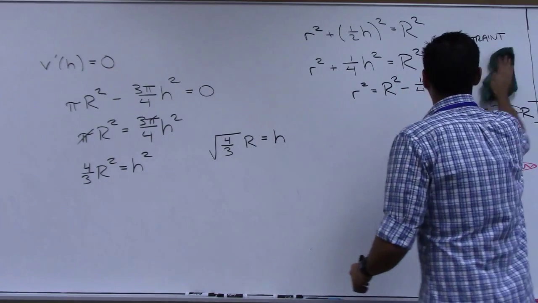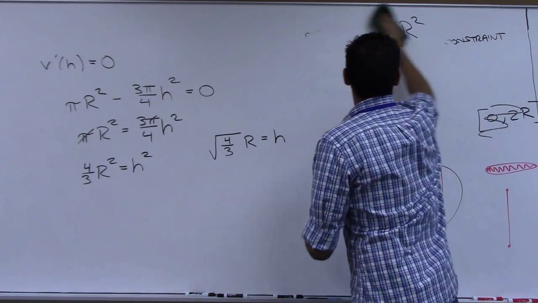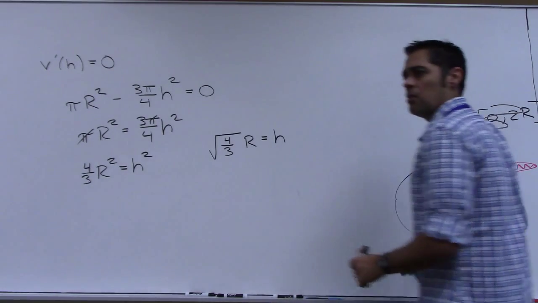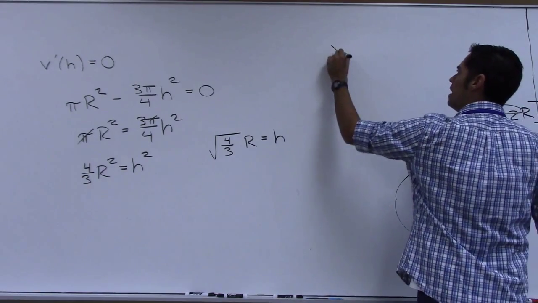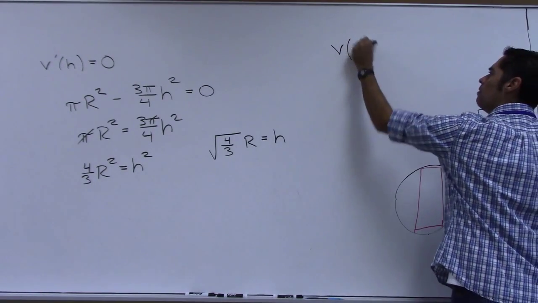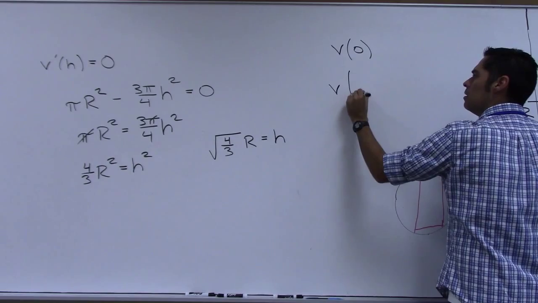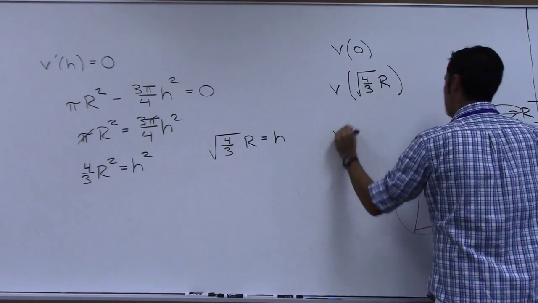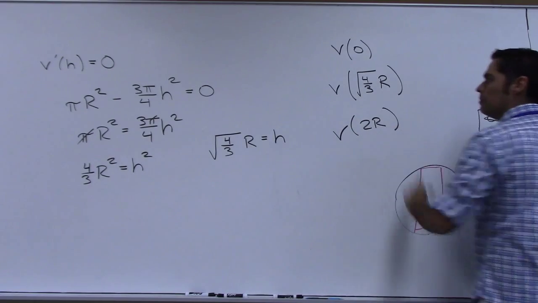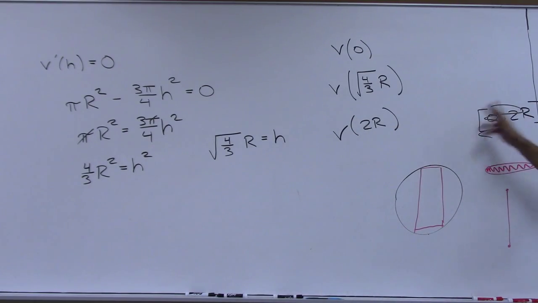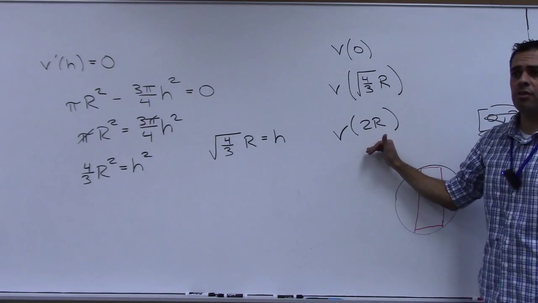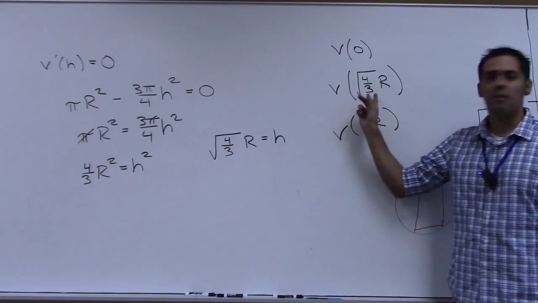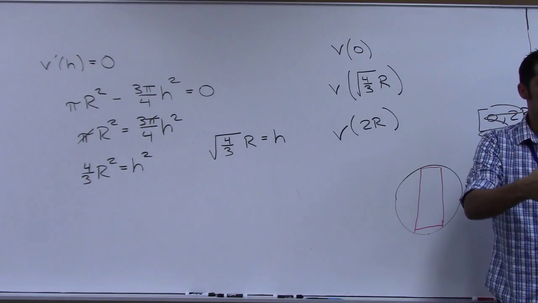So now, what I'm going to do is plug in, because it's a closed interval, v of 0, v of root 4/3 capital R, and v of 2 capital R. That's the two endpoints plugged into the original function, and the critical number plugged into the original function, because I'm using the closed interval method.